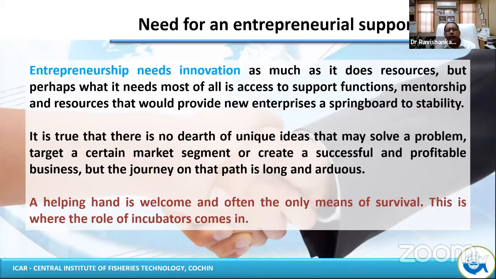If I want to start an industry for calcium capsules from fish bone, I may give you technology, but what about the finance? What about the market? What about other business support which is required? So the industry is looking at all this. Unless you give all this, no industry will take risk unless they are already rich. An established industry can come into any of this because they already have an established industry, so they will add one more product into that.